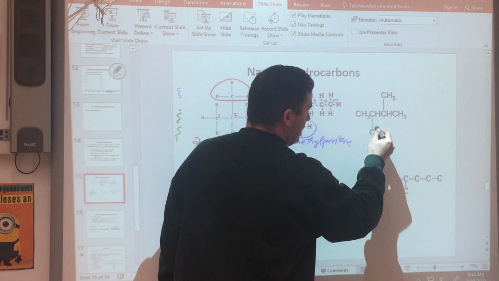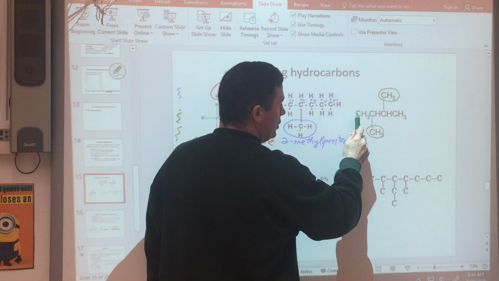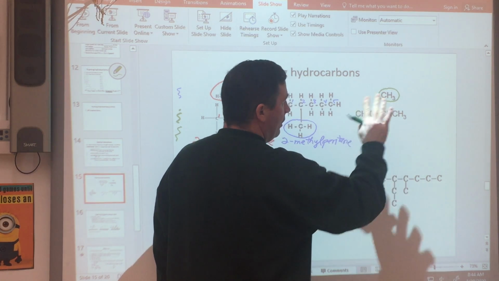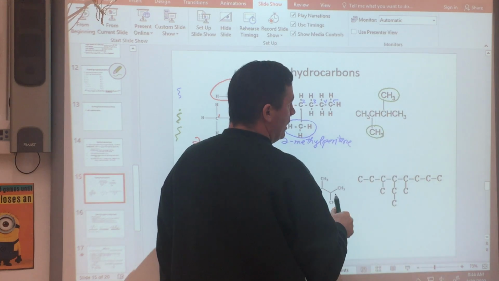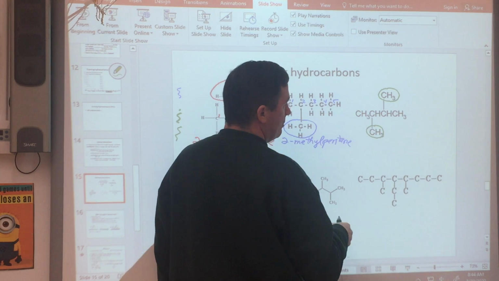So CH3 again is a methyl. Here's another methyl. So I could go 1, 2, 3, 4, but my largest number here is 4. And 4, remember, is meth, eth, prop, but.